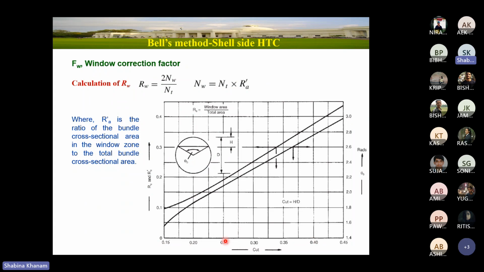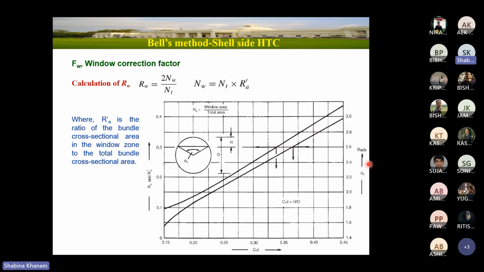So for RA prime we will consider HB by DB, that is the bundle cut, and whatever value it is, you can use the upper graph. If you see the arrow, the upper graph is for this axis and this axis, and the lower graph is for this axis and this axis.